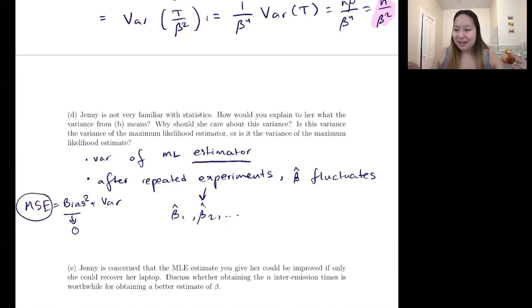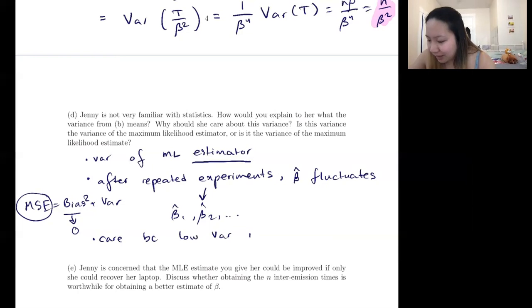So when the variance is lower, we would believe that our estimator is doing a better job. Our estimator is hitting the mark, so it's unbiased, and it's also not straying too far from the true parameter. That's why she should care: low variance means low MSE.